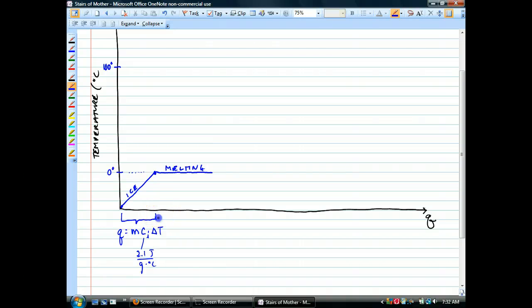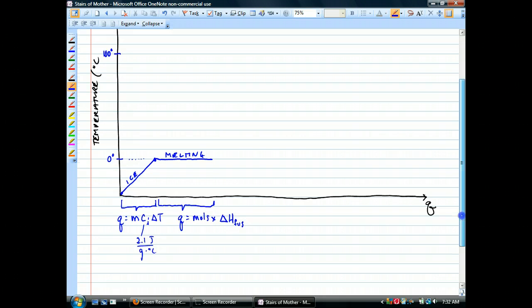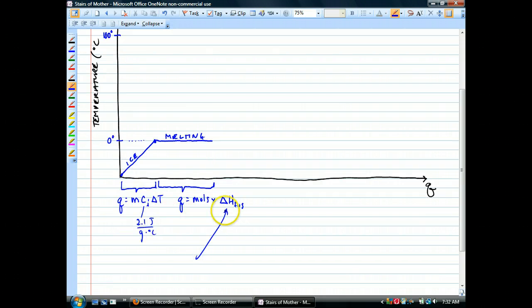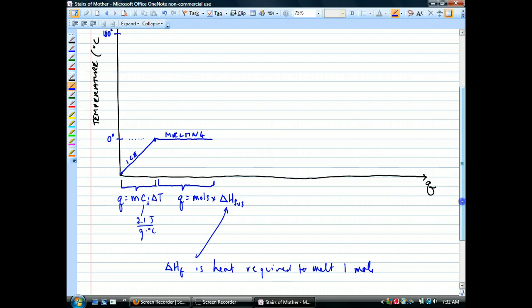What's happening here is that Q is equal to the moles of ice times something called the delta H of fusion. Now the delta H of fusion is the heat required to melt 1 mole of the substance, change it from a solid to a liquid.